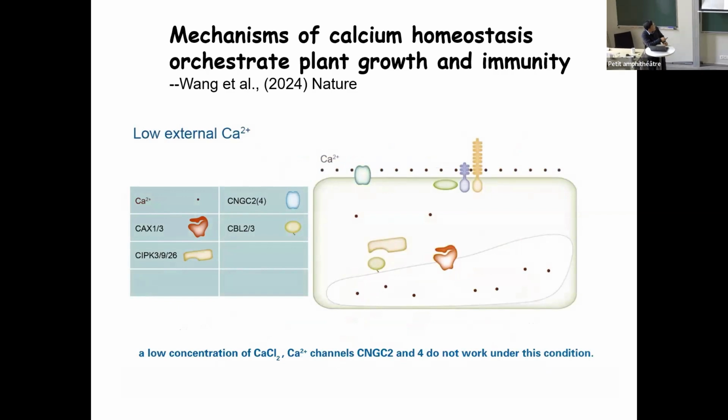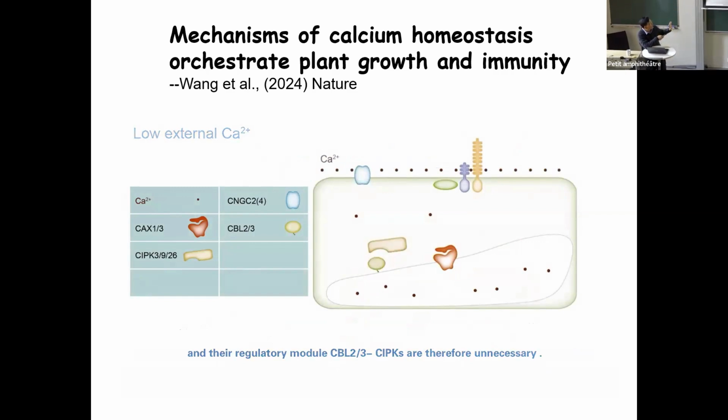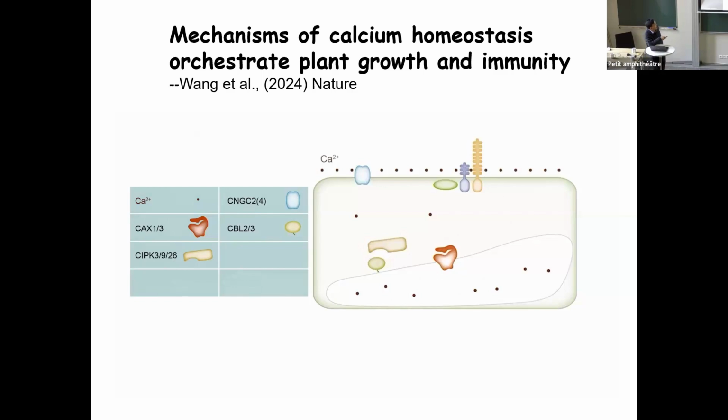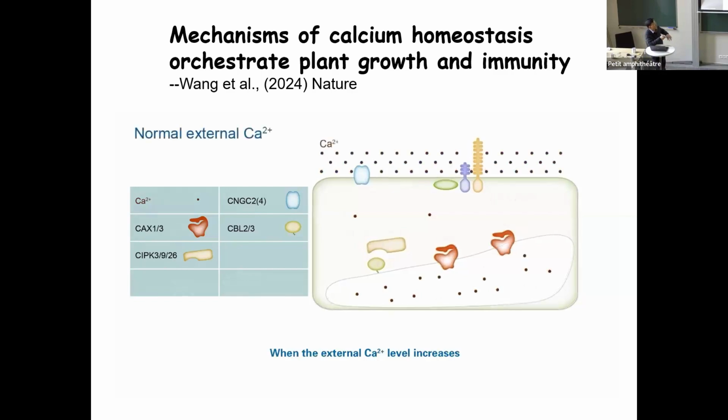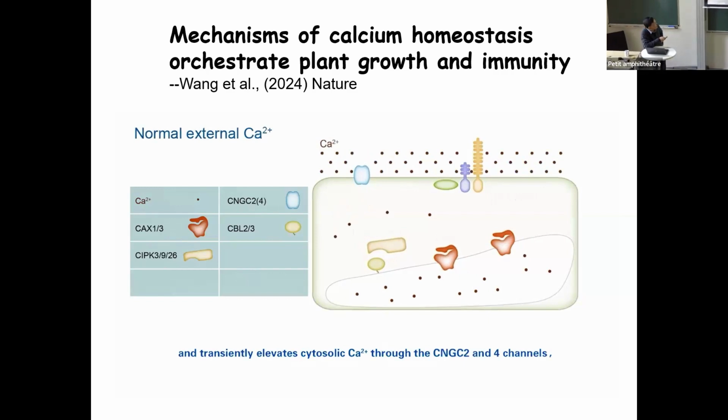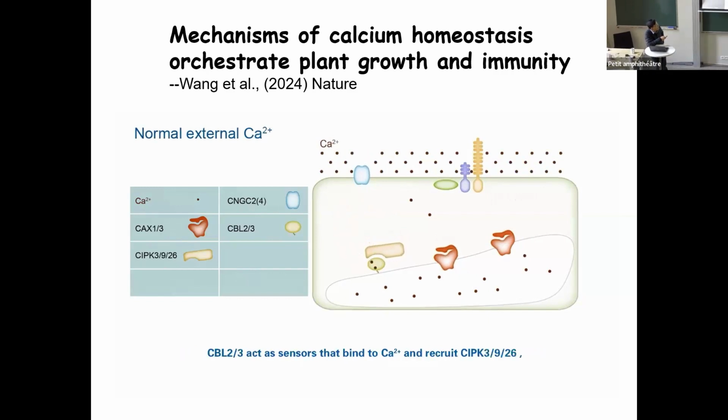So when the plant has a low calcium level, the channel is not active, and the vacuolar transporter that sequesters calcium is also not active. So at low calcium level, no problem. You don't need any of those mechanisms, right? But most of the time, normal soil contains a high level of calcium, and that would leak into the plant cell through the channels, right? And I showed you earlier, it's CNGC2 and 4 that are the channels.